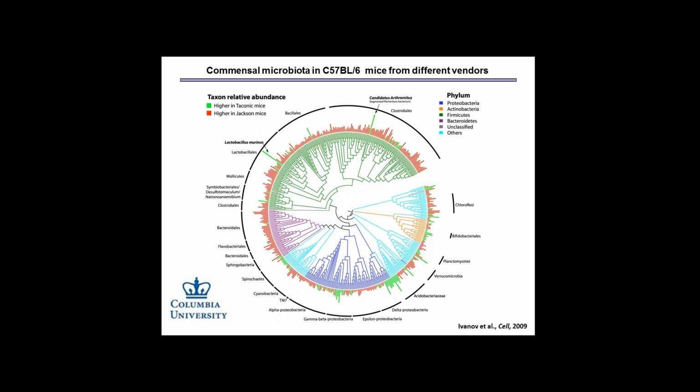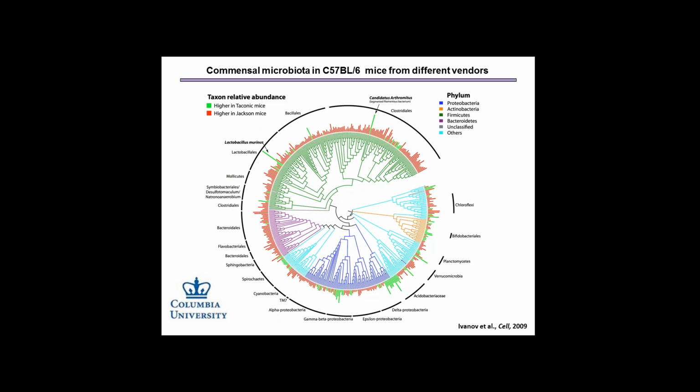In fact, it's very easy to tell where a mouse is coming from based on its microbiota because they're very different. As you can see here, what's labeled on this figure with green are species that were overrepresented in the Taconic B6 mice, but were underrepresented in Jackson B6 mice, and with red is the opposite. Species or taxonomic units that were overrepresented in Jackson mice and underrepresented in Taconic mice.